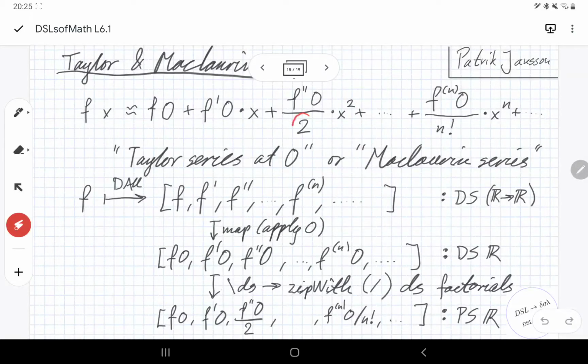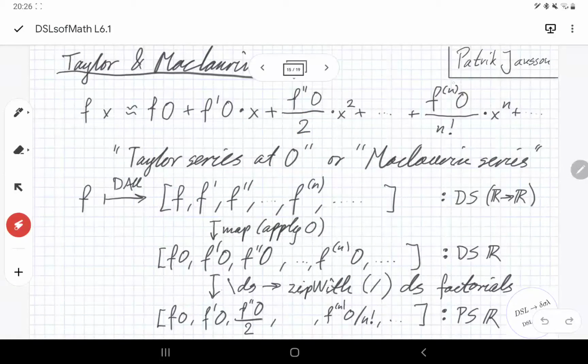So why is it divided by 2? Well, because if you would compute for this approximate function on the right here the second derivative, this is just a constant, the 2 would be multiplied by x, so the 2 would disappear. So to approximate the second derivative perfectly, we need to divide the derivative at 0 by 2 times 1 actually.